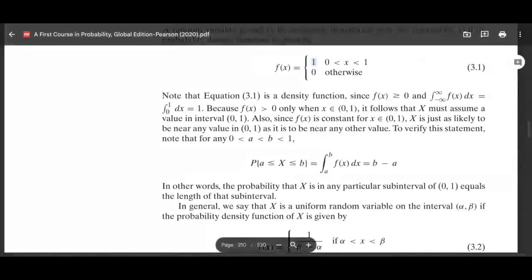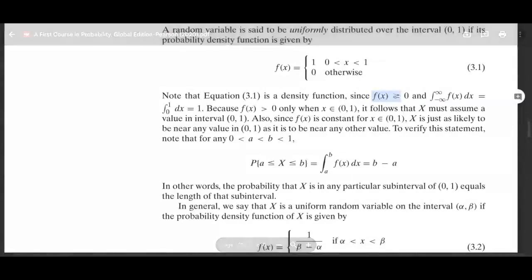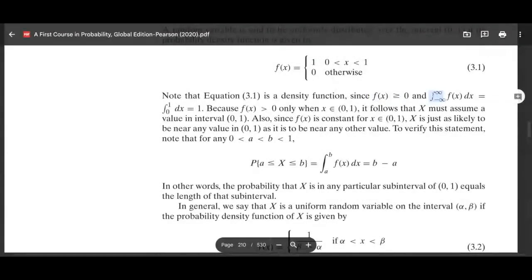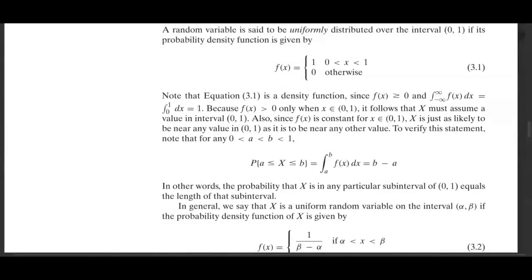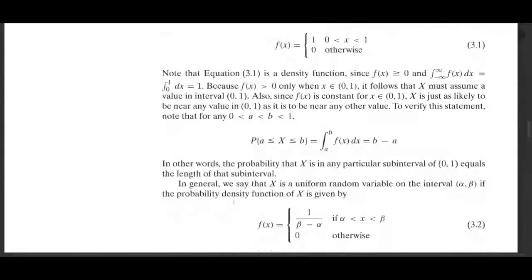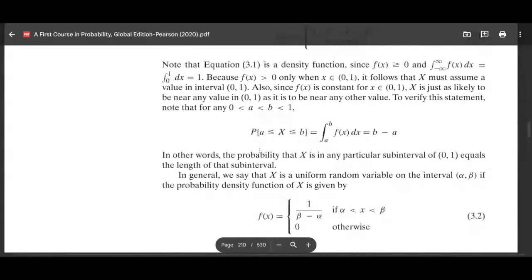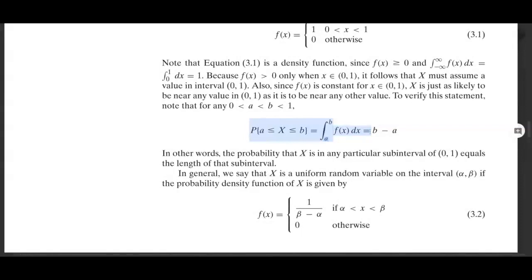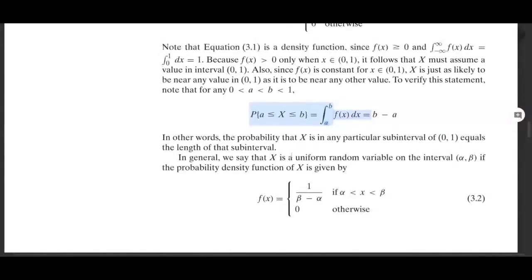This is a density function since the function is greater than or equal to 0, and if we integrate from negative infinity to positive infinity, we get 1, so it is a probability distribution. This is just verifying that.